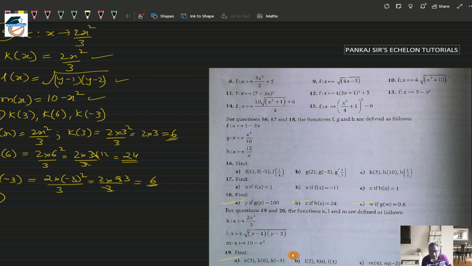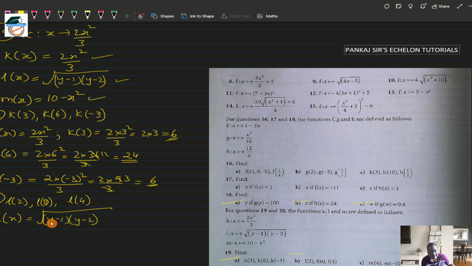You have to find L of 2, L of 0, and L of 4. The function is L of x equal to the square root of y minus 1 times y minus 2.